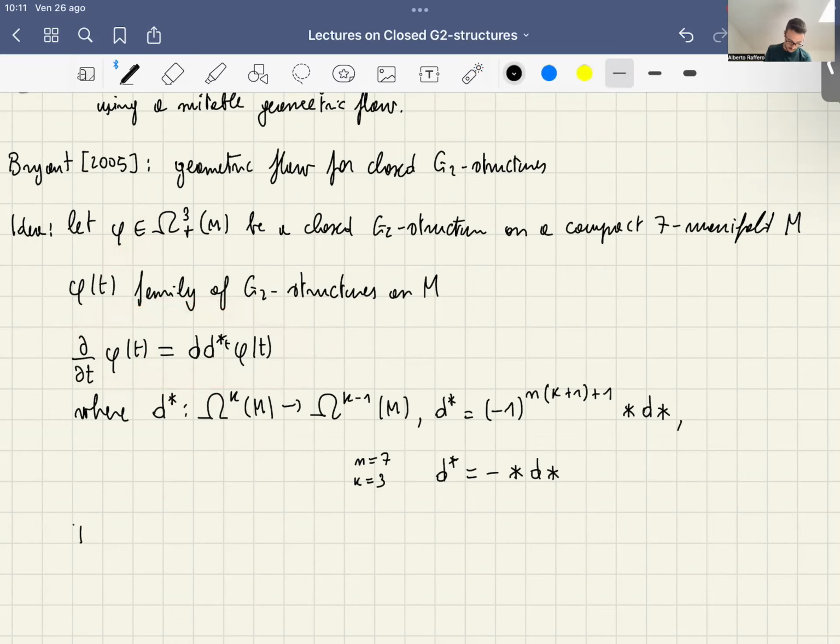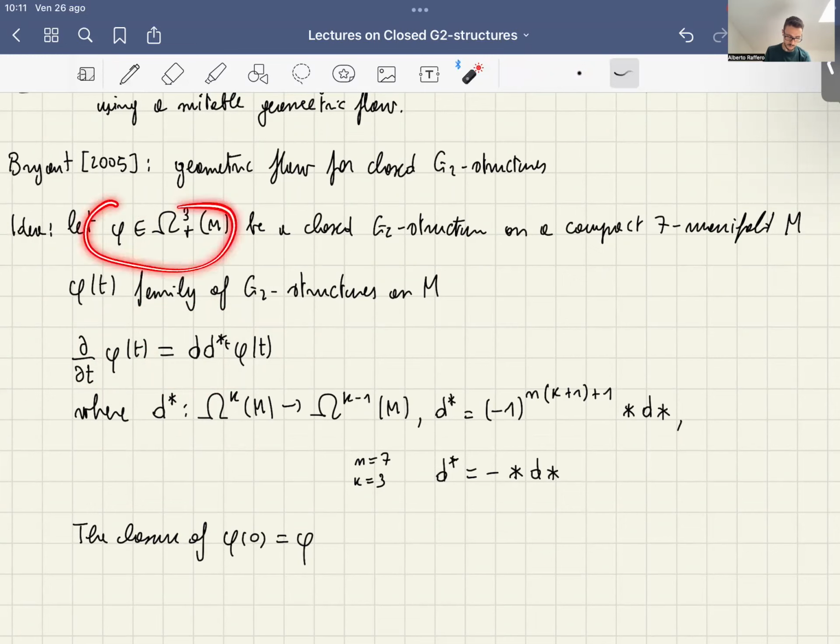So the closure of the initial datum, so let's say we assume that at time 0 we have precisely this closed G2 structure we have fixed, is preserved by the flow equation.